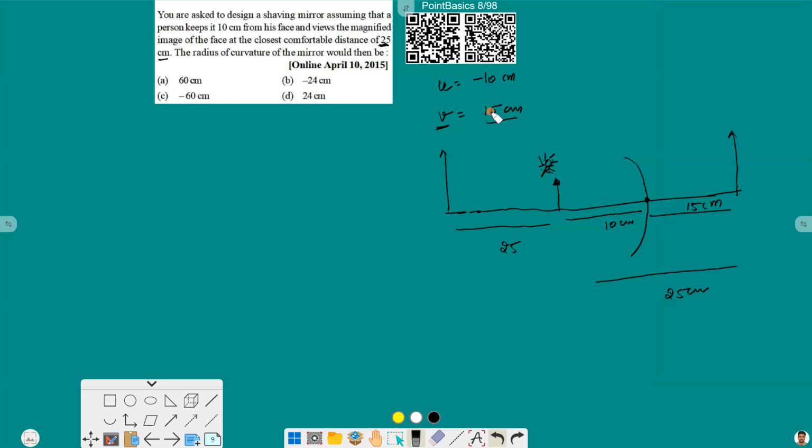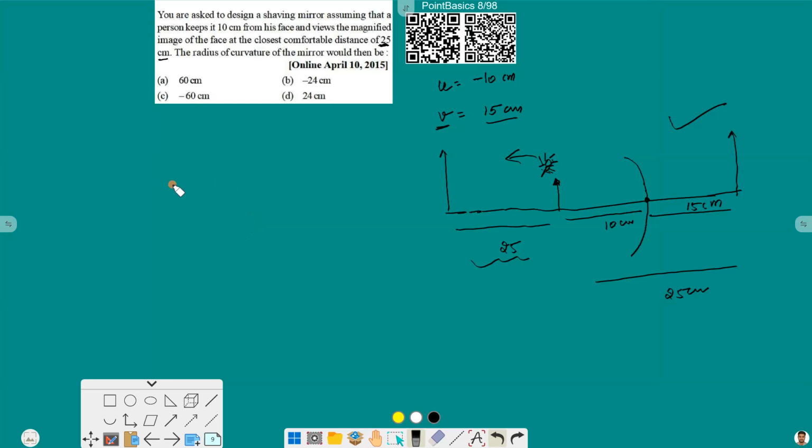So that's why we take it as 15 centimeter. And normally a person cannot see backward, so the case where the image is formed behind the person is not possible. That's why we are taking only this case.